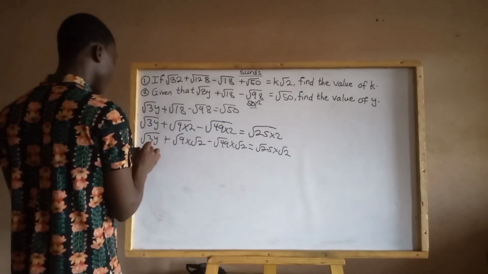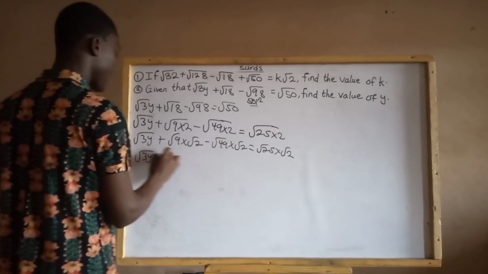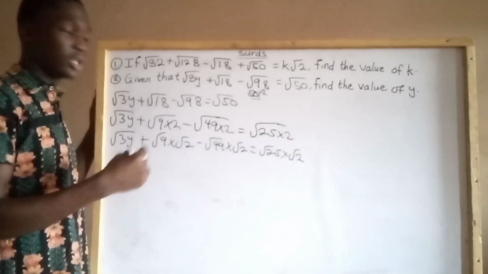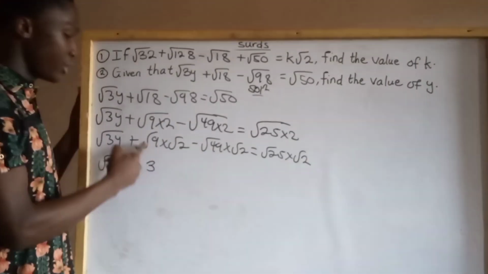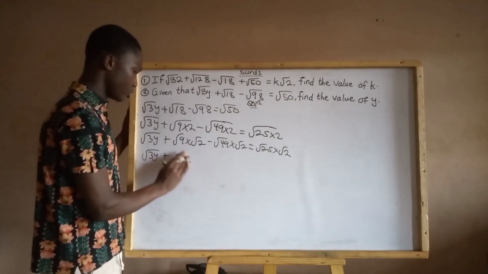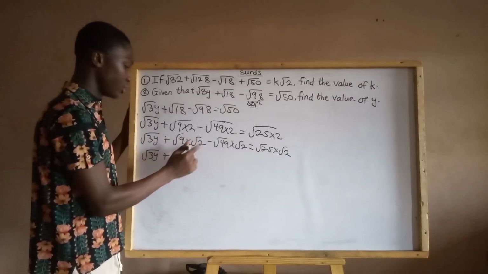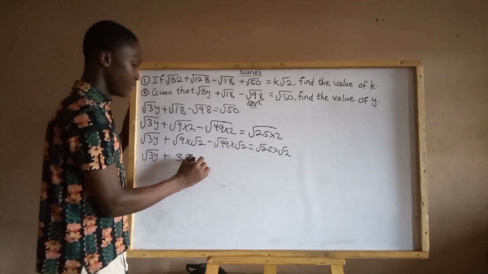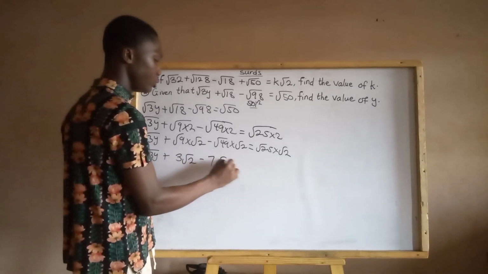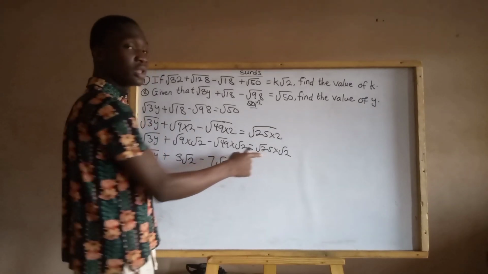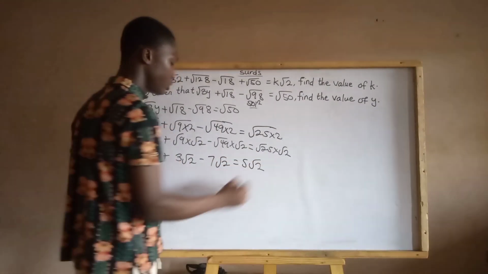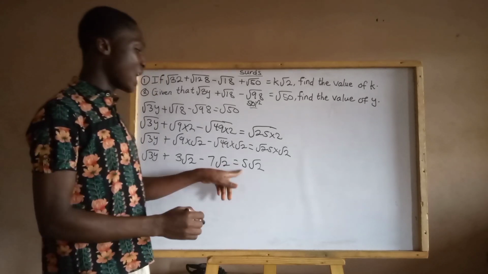So now we have root of 3y plus root of 9, meaning the number that multiplies itself to give 9, and it's 3 because 3 times 3 is 9, times root of 2. So we have 3 root 2 minus root of 49, you have 7 root 2, is equal to root of 25, we have 5 root 2 because 5 times 5 gives 25.